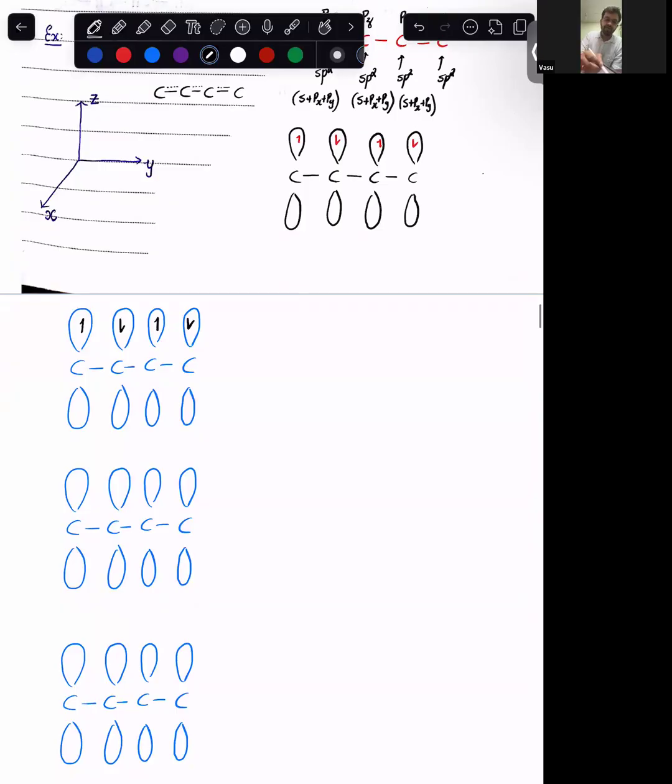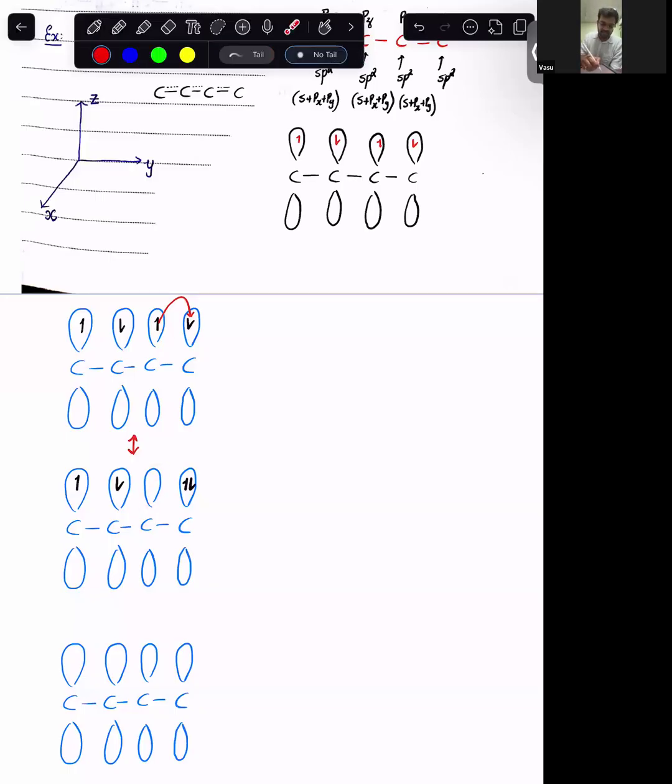Okay. So what I'm going to do is, as any orbital can have a maximum of 2 electrons, I'm going to shift this electron completely into this. Is that possible? Because this orbital can have a maximum of 2 electrons. Whenever I shift the electron completely into this, you have an electron here, you have an electron here. Now you have 2 electrons here. This particular orbital has no electrons.